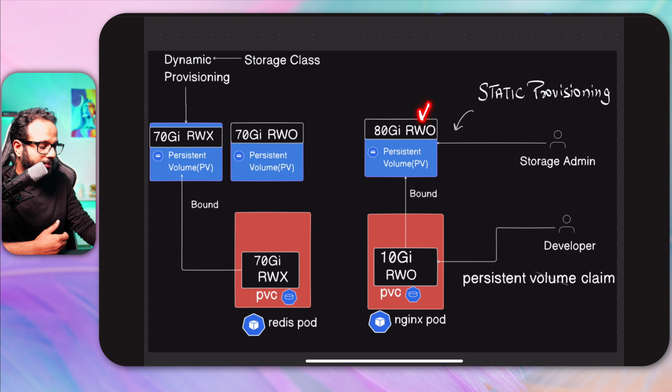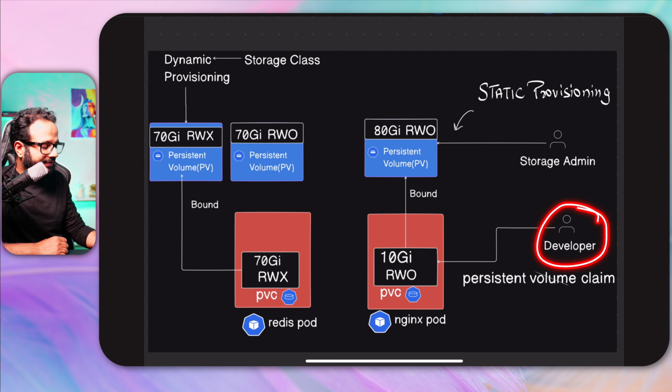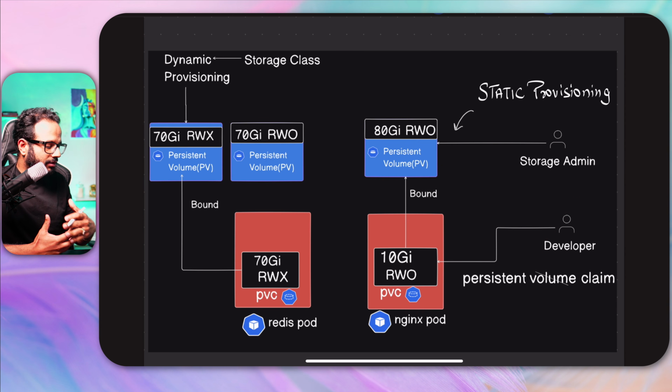The mode is part of storage, both your storage class as well as persistent volume. And then when a developer wants to create an application, it creates a pod or a workload, and also creates a persistent volume claim, let's say 10 Gi, and the same mode as your PV, read write once.